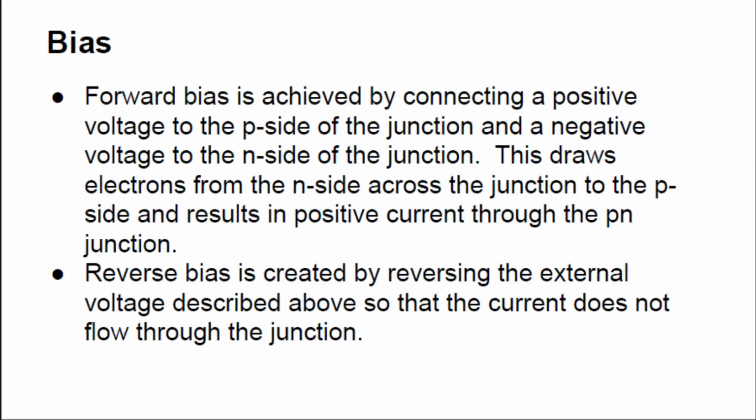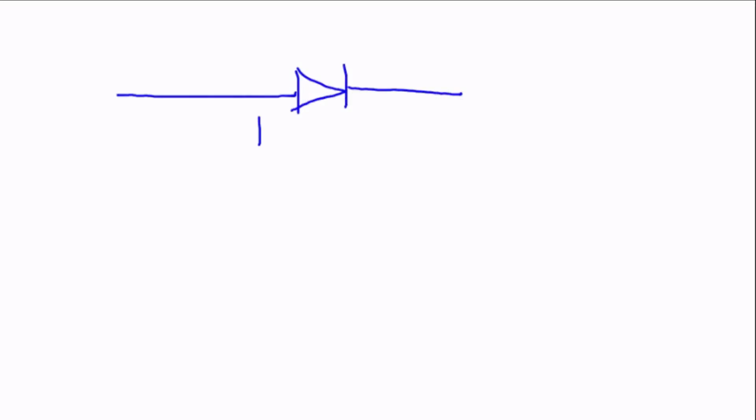Here's the symbol for a diode, all right? And when we apply this forward bias, what we've done is we've connected the positive charge here and the negative charge on this side of the p-n junction. Again, to be clear, this symbol right here is for a diode, not for a p-n junction. But the p-n junction is what makes the diode do what it does.